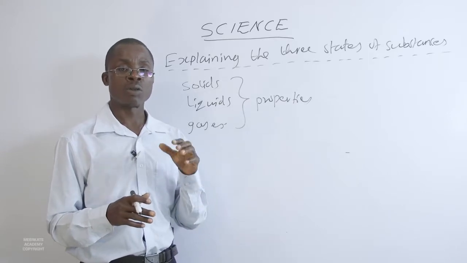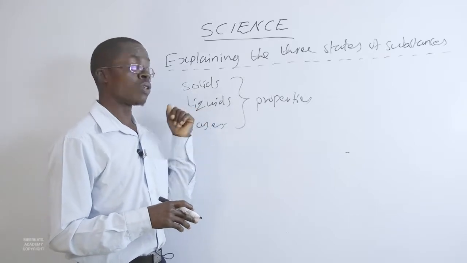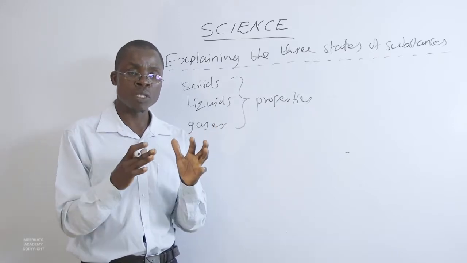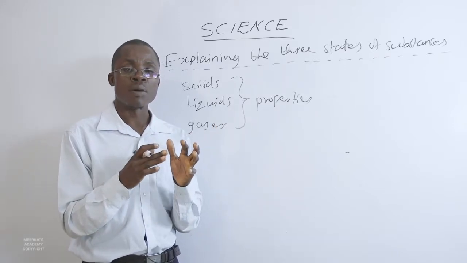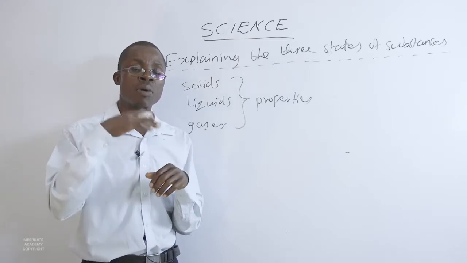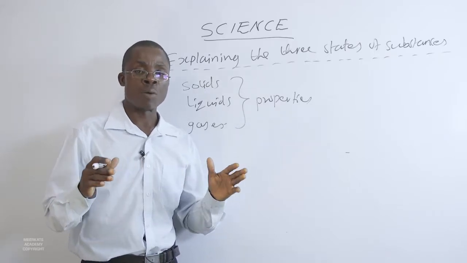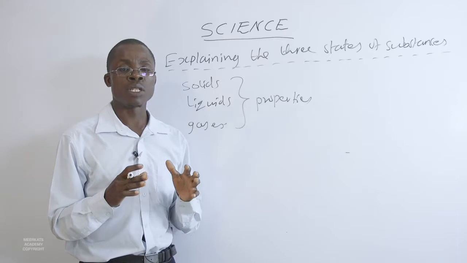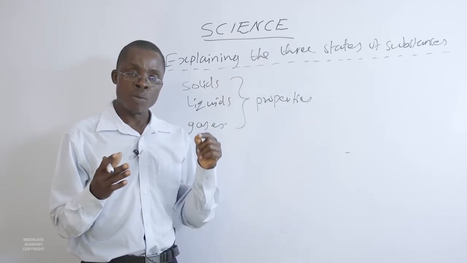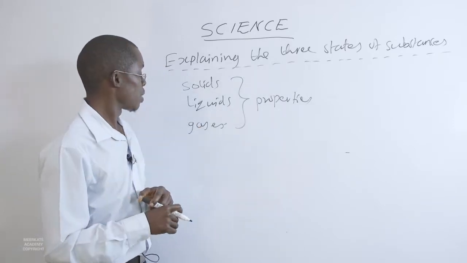We learned that water at 4 degrees centigrade has the highest density because the particles have moved much closer to each other, making it denser. At any other temperature, either above or below 4 degrees centigrade, the particles move a little bit away from each other, making it bigger, explaining why ice floats on water.